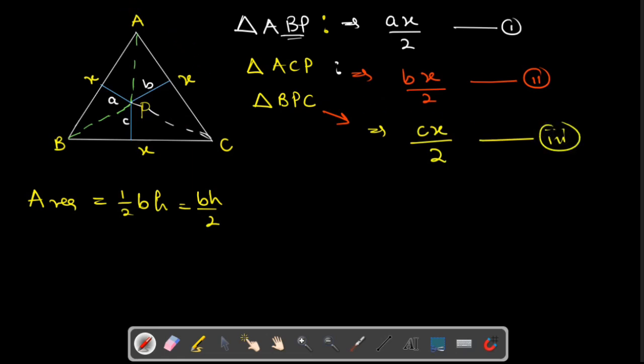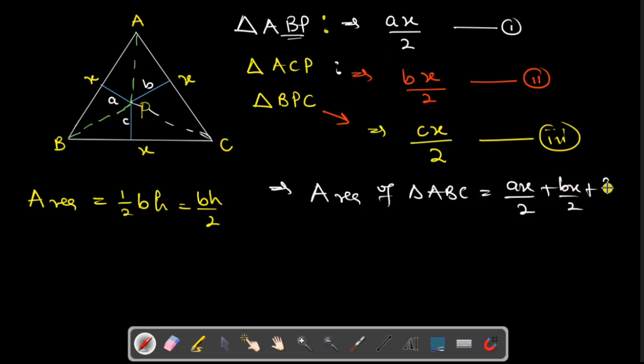Now the implication is that the area of this whole triangle is going to be the sum of the three areas that we just saw, because of course these three triangles make up the whole triangle. So the area of triangle ABC will be equal to the sum of all this, which is ax over 2 and so on.